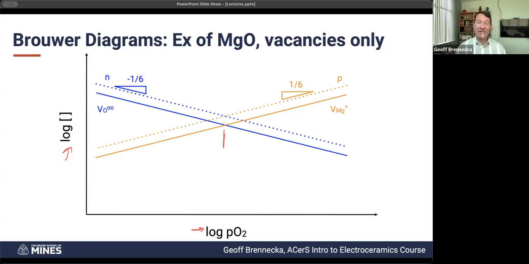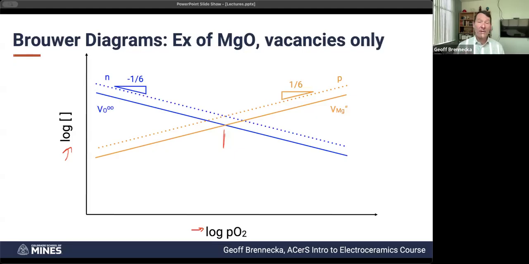I haven't actually made a single measurement to be able to create this plot. This is entirely if this, then that. So that's the other part of the value for it, is that I can do all of this before I even go in the lab and make a single measurement. I can know if these are the dominant defects, this is the kind of response that I'm going to see.